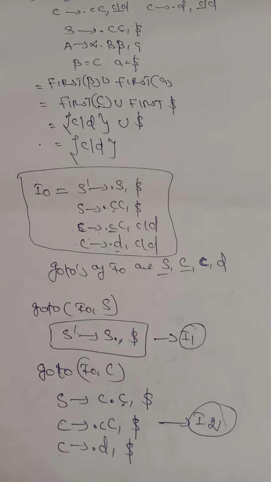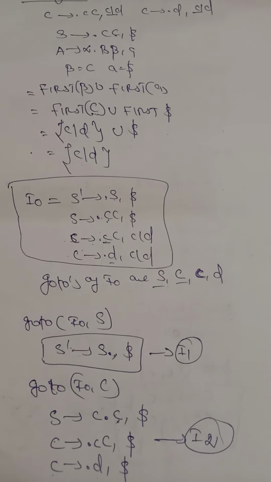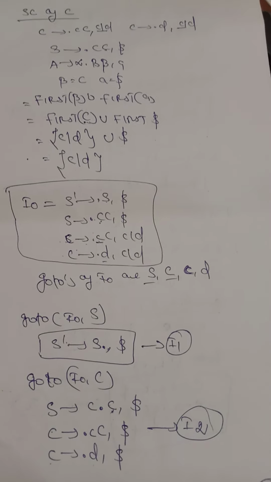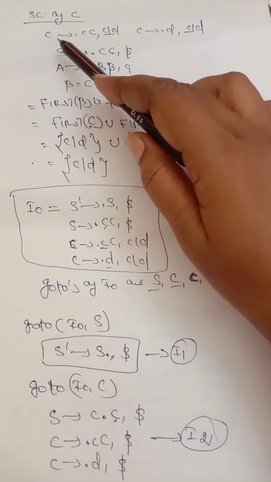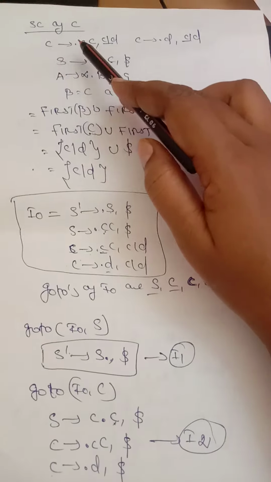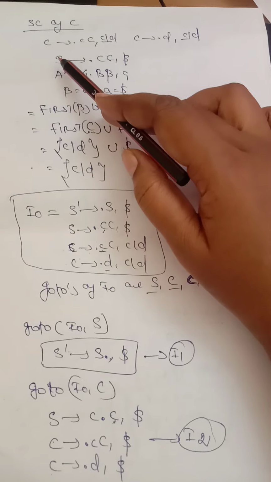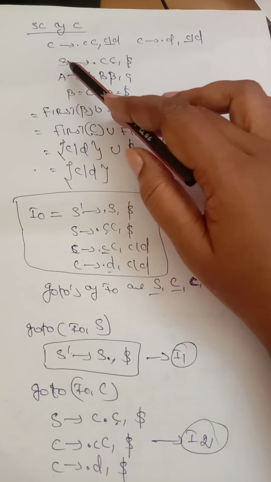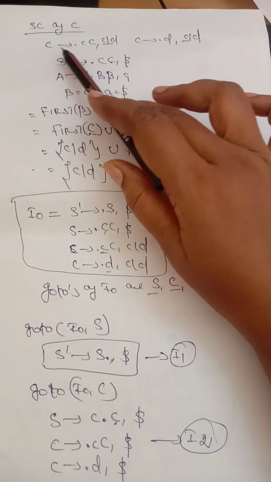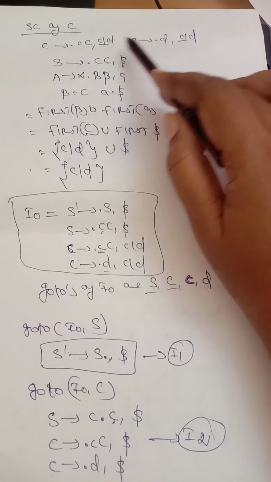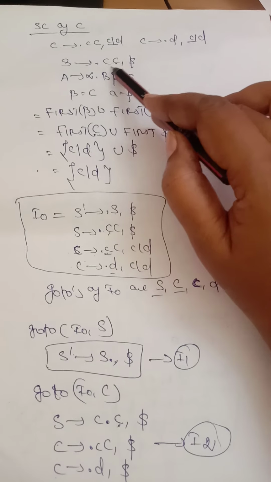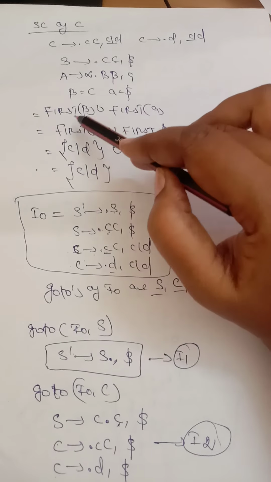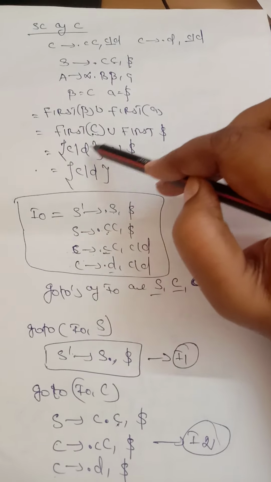Then we have to calculate the second component of C. For that we have to use the previous production of C. What is it? For both productions, C equals to dot CC and C equals to dot D, its previous production is S equals to C dot C. Here the beta value equal to C. Then first of beta, so the first of C is what?